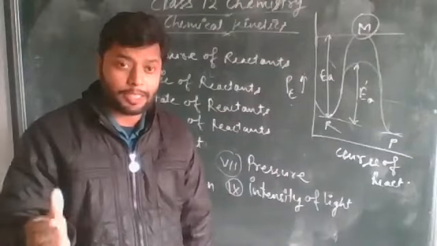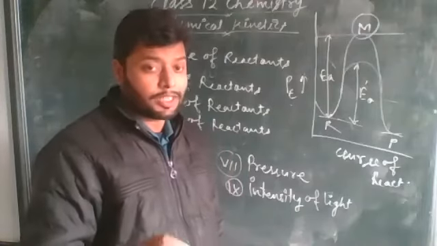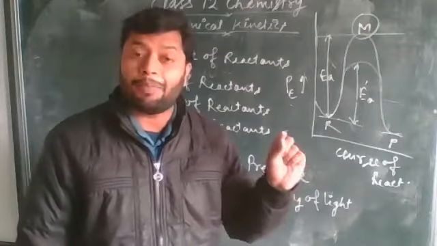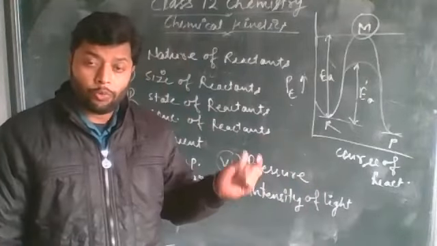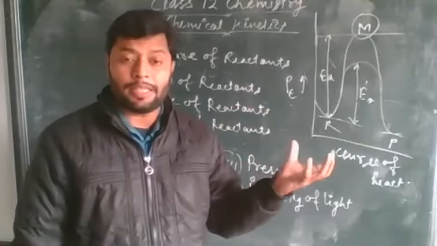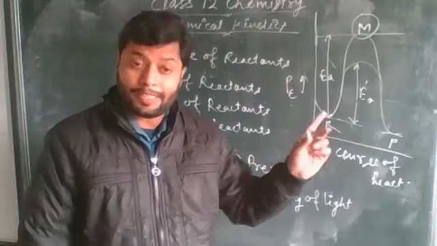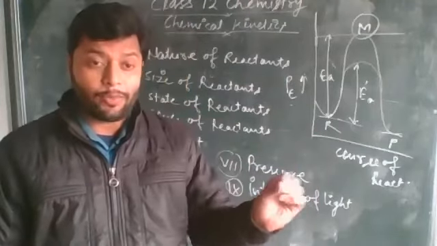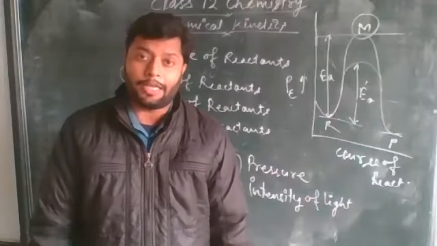So from the next lecture, we'll try to discuss how the rate law will govern the rate of reaction, what is the order of reaction, to which factor and concentration of the reactant will decide the rate of reaction, what is molecularity and order of reaction, what is the integral equation of the rate of reaction, and some numericals based on that.